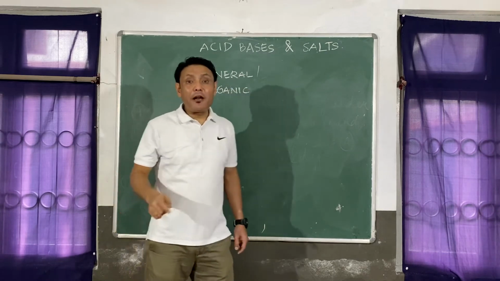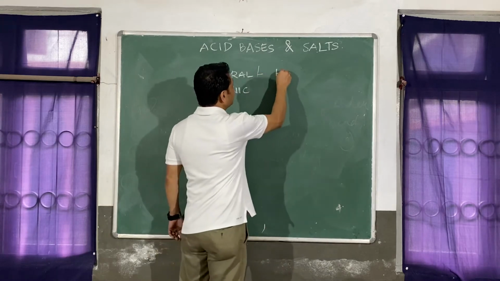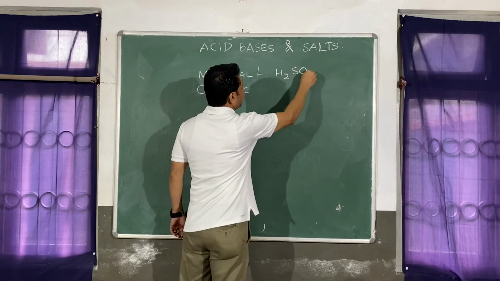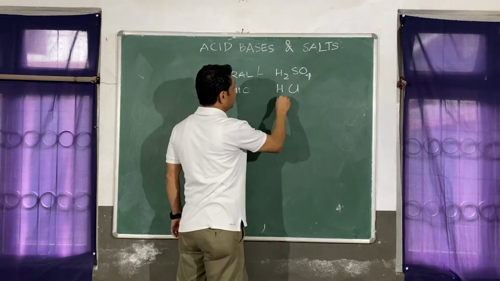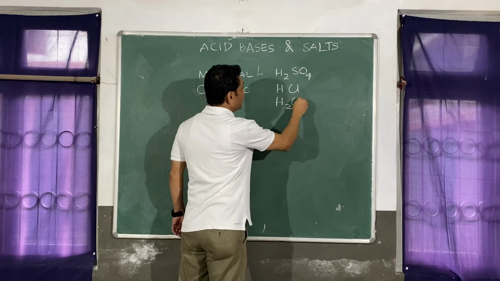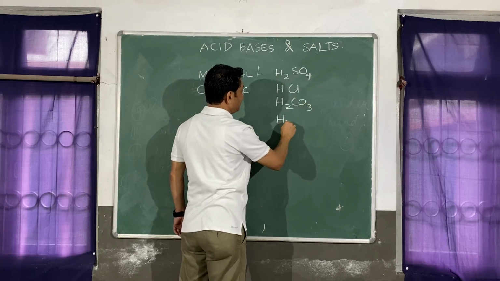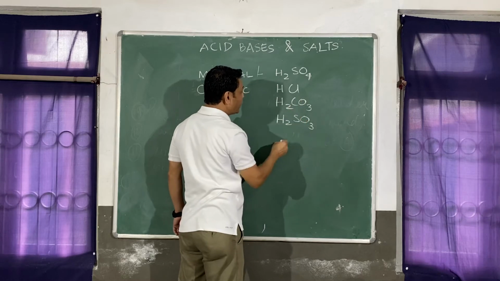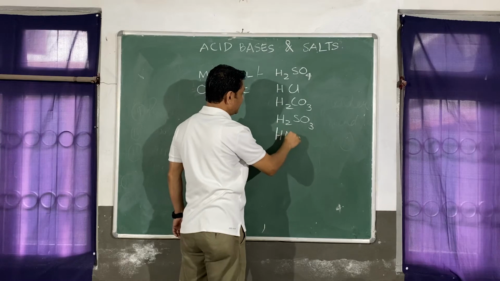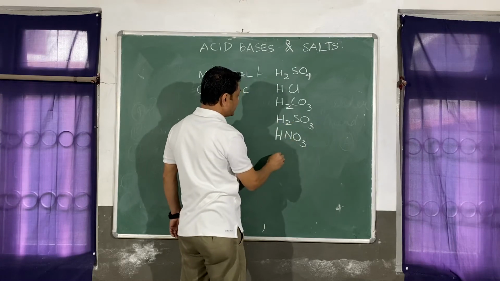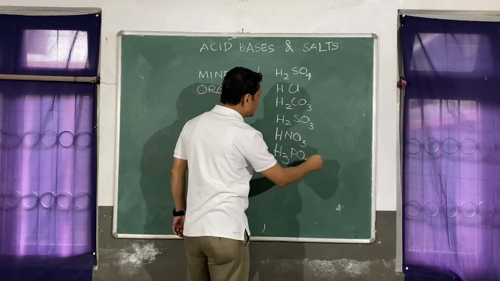Mineral acids are those which are derived from minerals. For example, sulfuric acid, hydrochloric acid, carbonic acid, sulfurous acid, nitric acid, and phosphoric acid, and so many other acids.